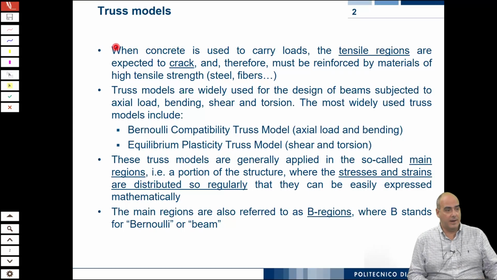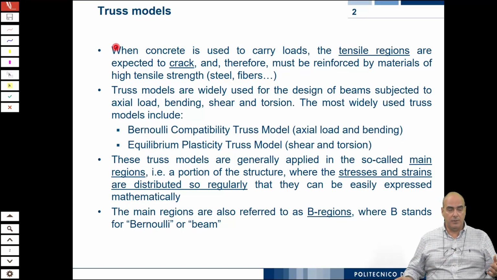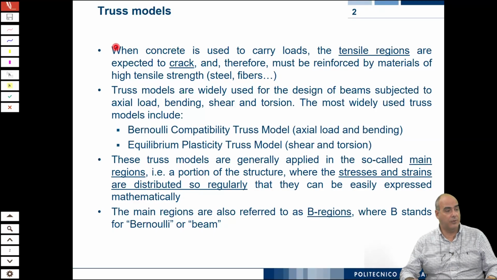So wherever, according to our structural analysis, we find tensile regions in our structural elements, we know that concrete is expected to crack, and in the tensile regions, we put reinforcement.